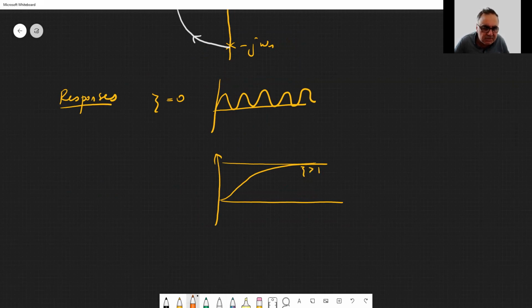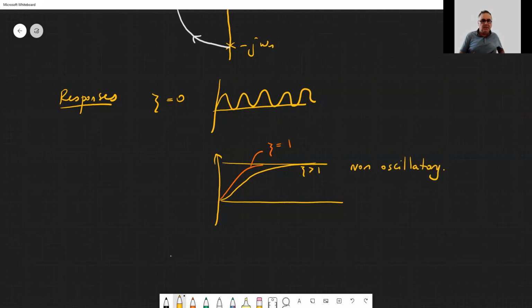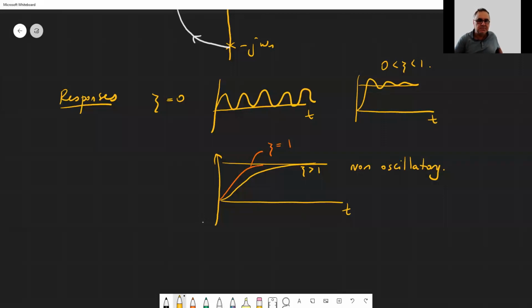And if zeta is equal to 1, you have a kind of a fast response. But these responses are non-oscillatory, okay? And when you have underdamped response, you have oscillations like this one. This is 0 less than zeta less than 1. These are all time responses of the system.